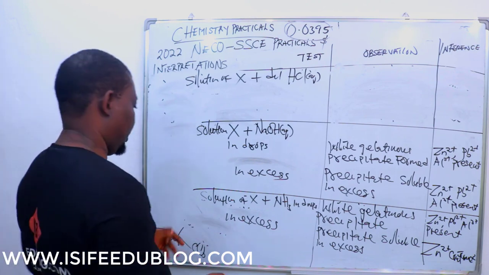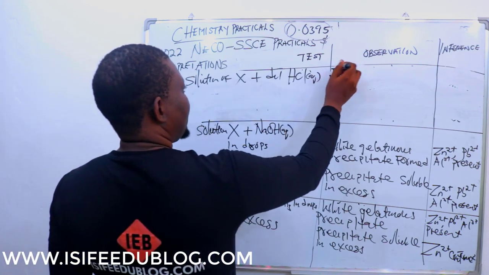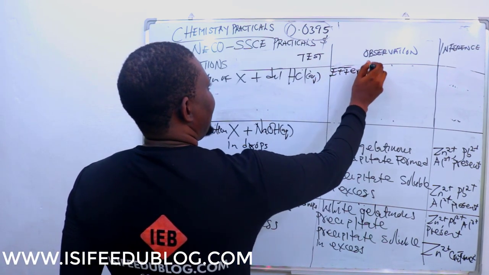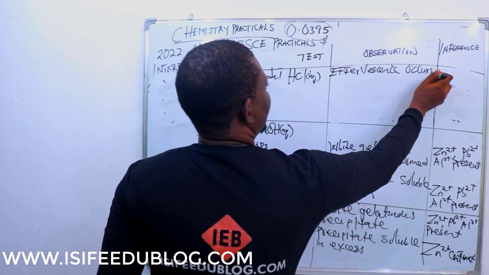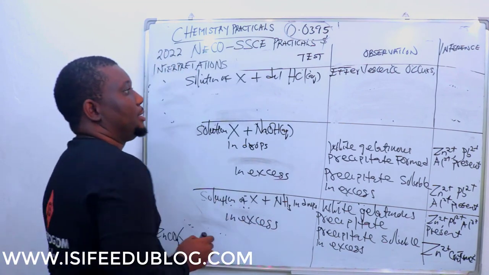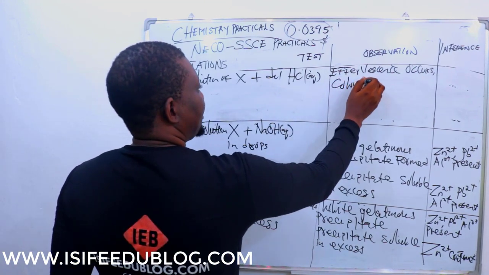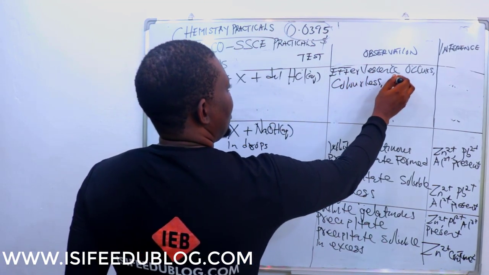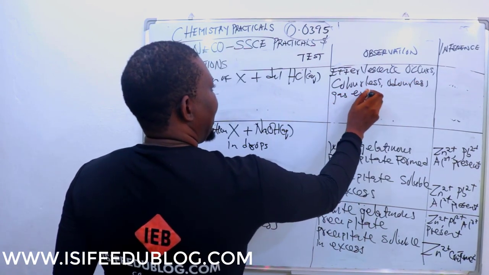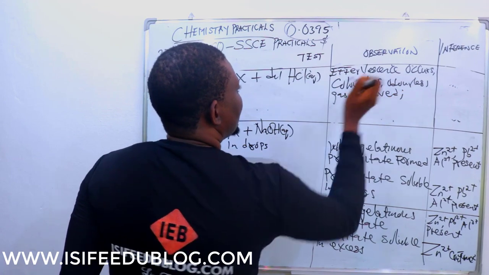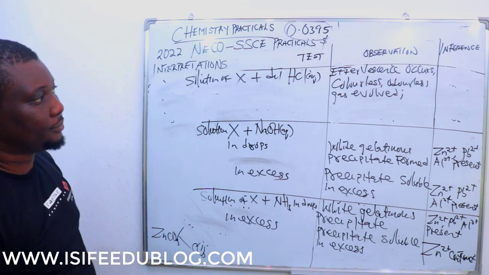First of all, because you are testing for gas, you're really going to see what they call effervescence occur. So once you state this, you're going to have your mark. Colorless, odorless gas evolved, colon. You have your mark.